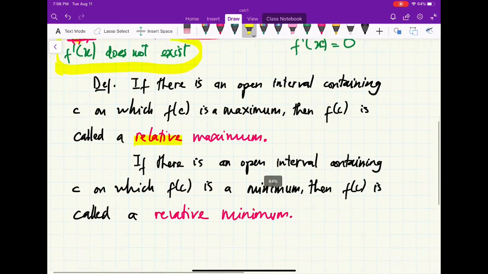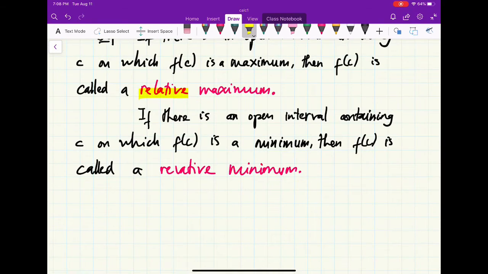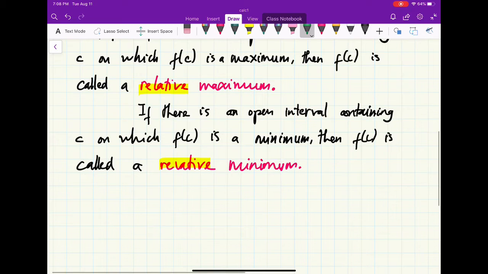And if there is an open interval containing c on which f(c) is minimum, then f(c) is called a relative minimum or local minimum. Okay, so I write here relative minimum or local.